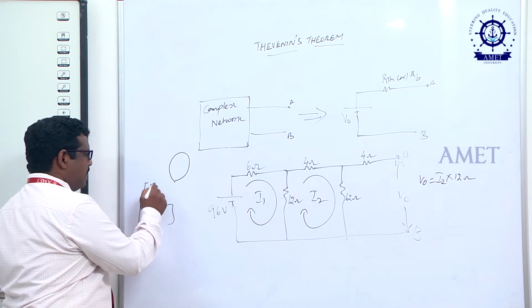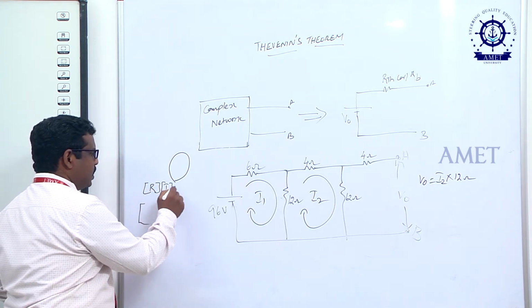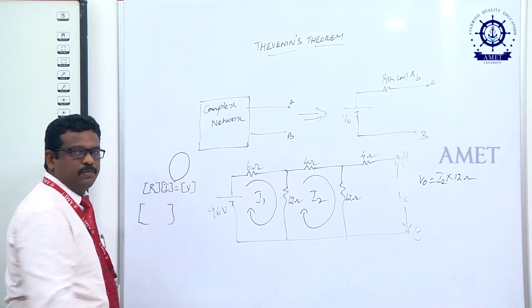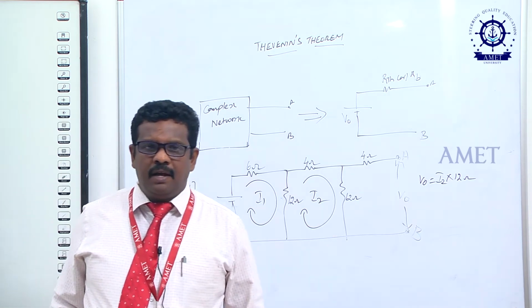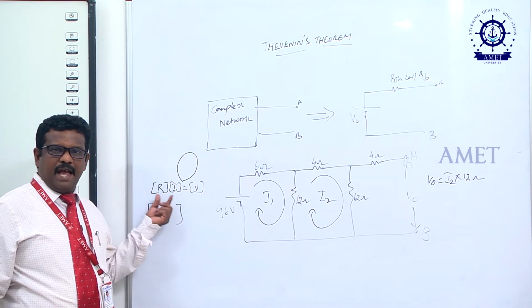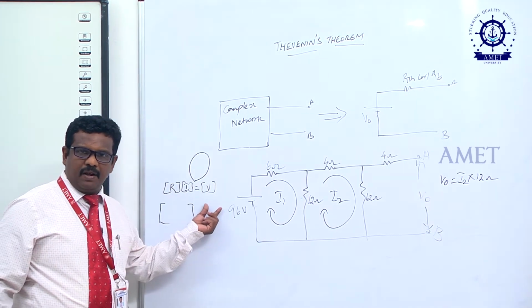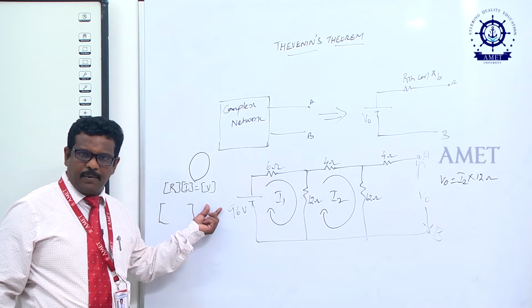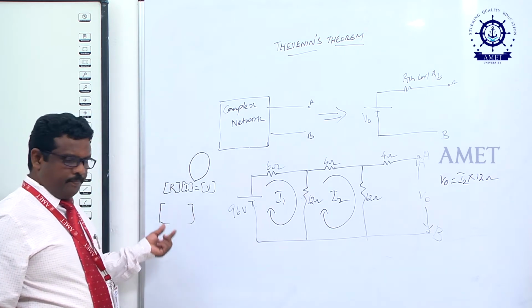How to frame the matrices? Very simple. The equation is R I equals V. In the matrix method, the formula is R I equals V. R is the resistance, I is the current, and the other column is V, the voltage. What is R?